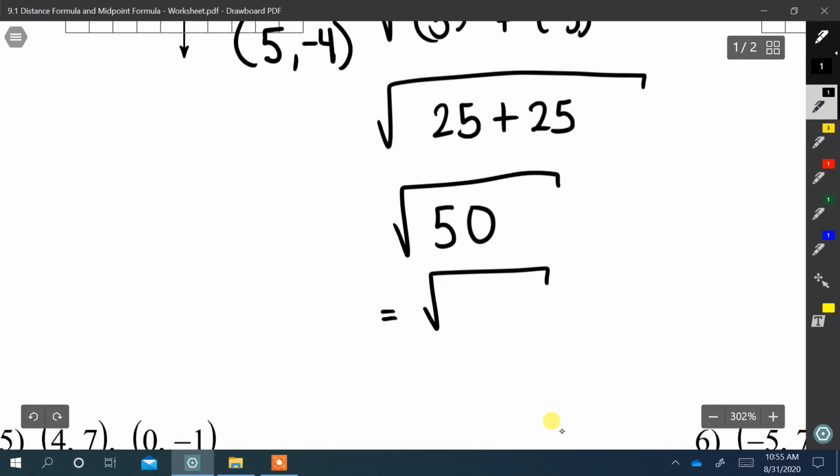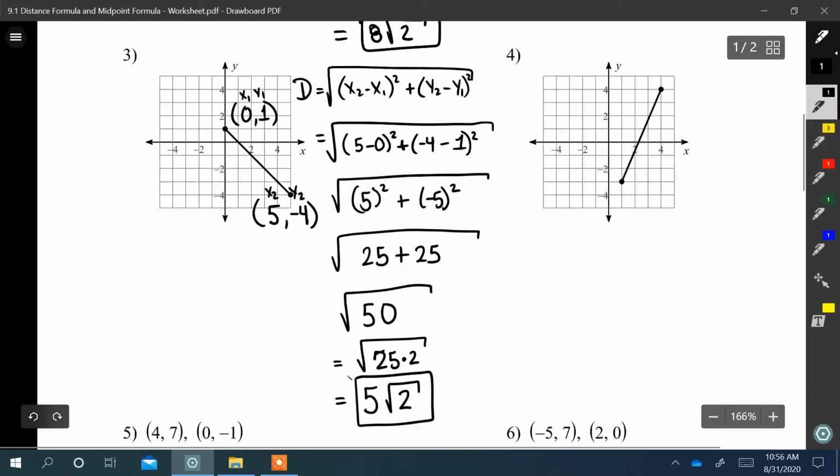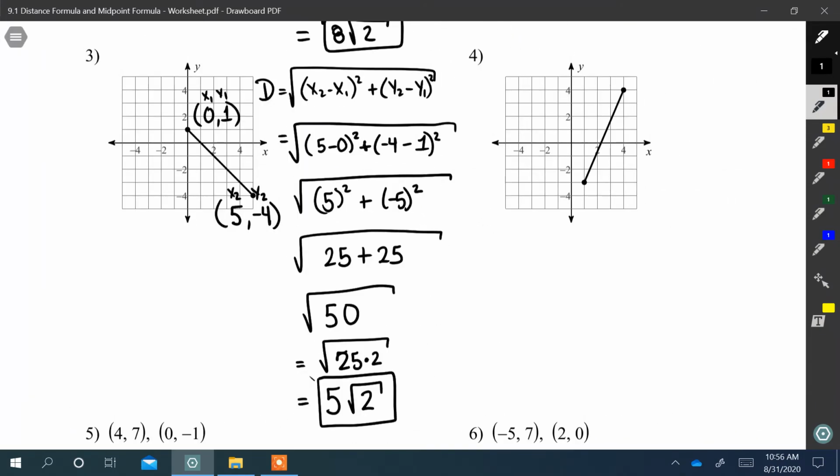We can write that as 25 times 2. Take out the 25 as a 5. And that's what we get there. Okay, 5 square root of 2. All right, you will do number 4 now.